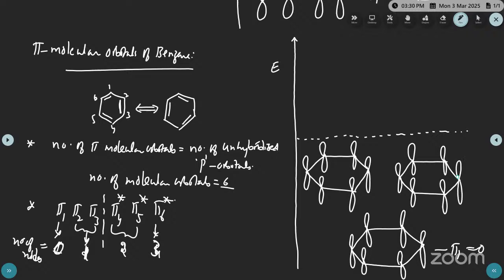We can draw the node through the bonds like this. How many nodes are present for pi 2? 1. For pi 3 also 1. So one node passes between the bonds, this one bond and this one bond. Actually, for pi 2, how many nodes should come?